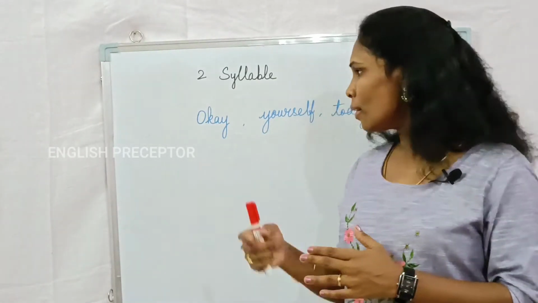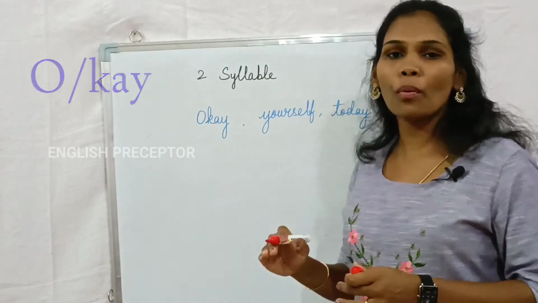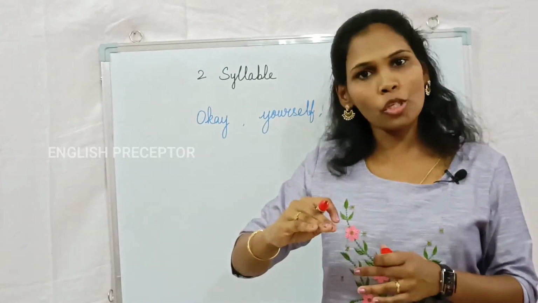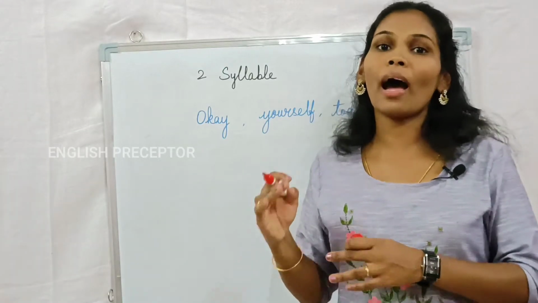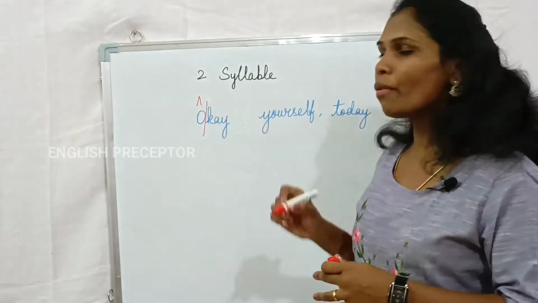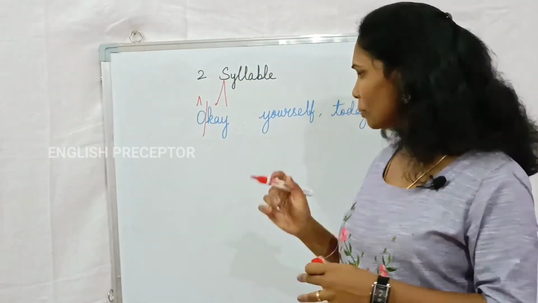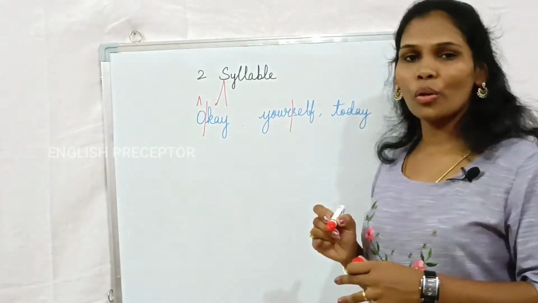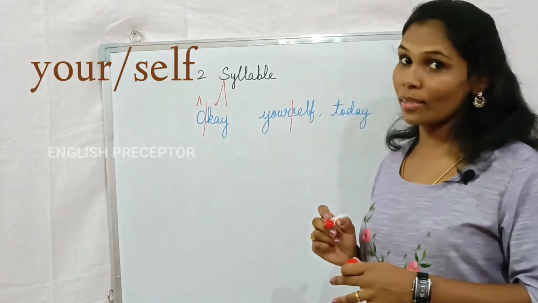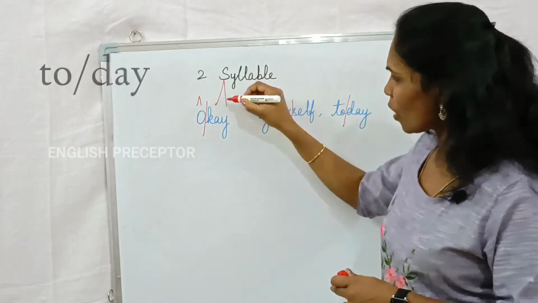Now let's learn. Actually, we can split it as okay. The first part has to be in low pitch and the second part has to be in high pitch, right? So for example, okay, yourself, today.